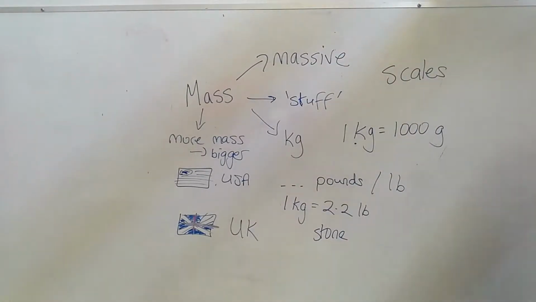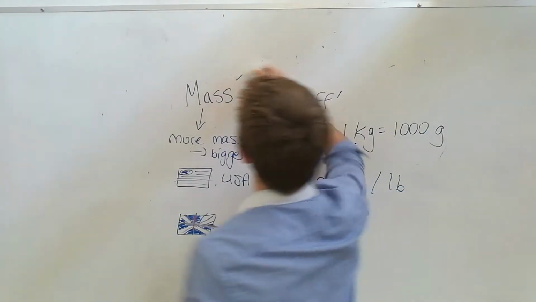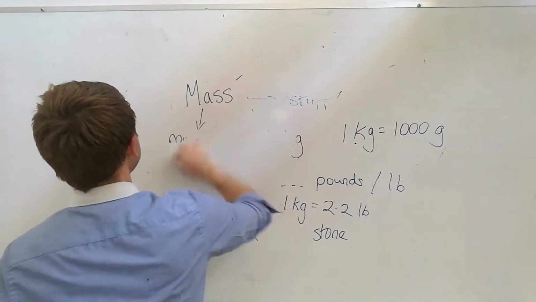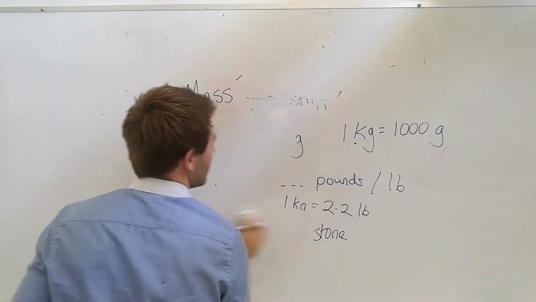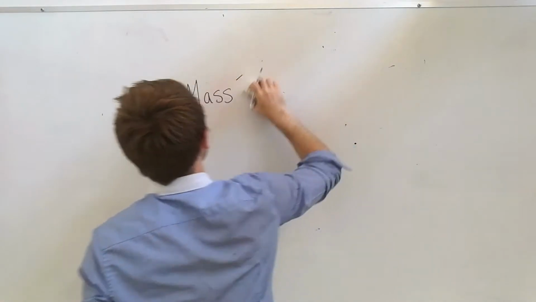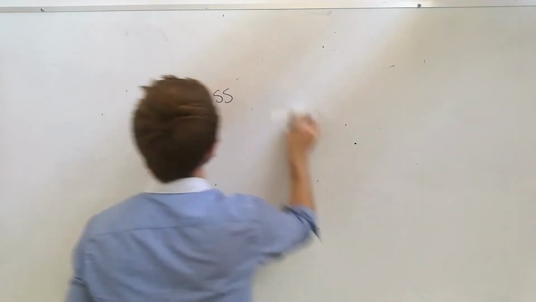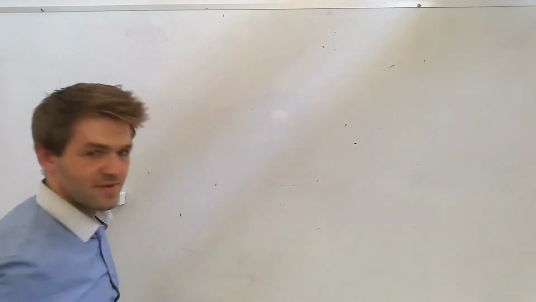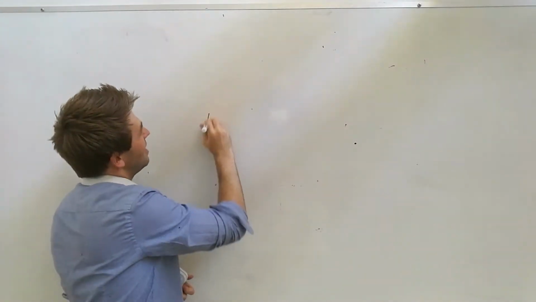I need to take this off. So with those scales, it says it's telling me what I have as kilograms. But it's not strictly true. It's strictly doing something else.